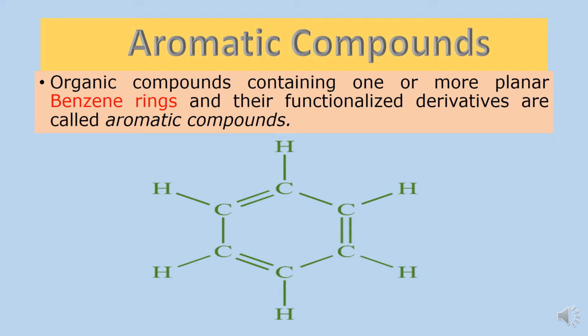This benzene ring has a 6-membered carbon ring having alternate single and double bonds arranged in such a way that it is overall a planar structure, and it shows resonance.